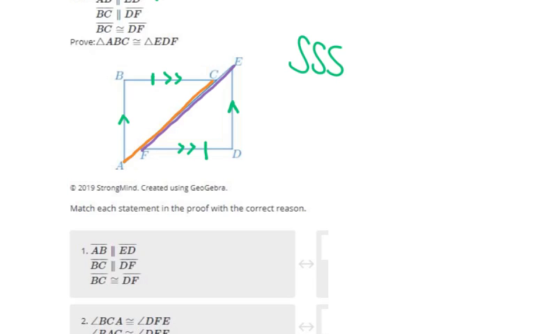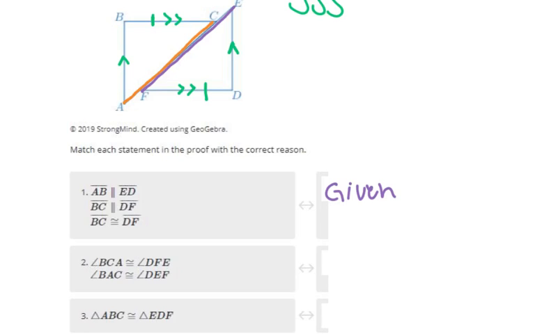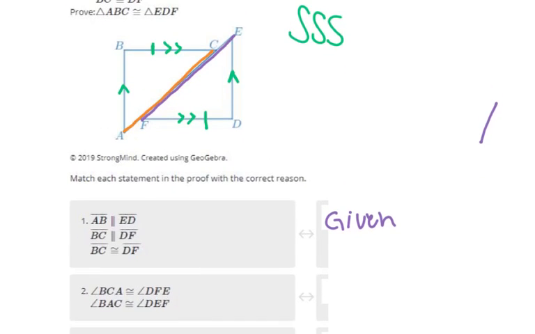Okay, so these given. Then they said that those angles were the same. So let's look and see why they could say that. So this is my guess on side. They said BCA is the same thing as DFE. Okay, so let's see why they said that.